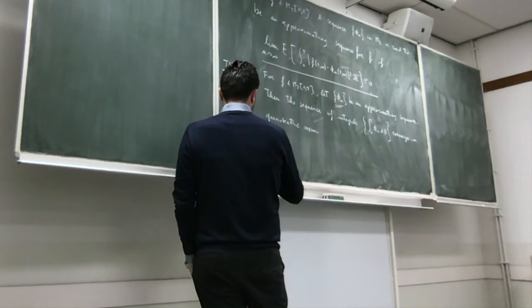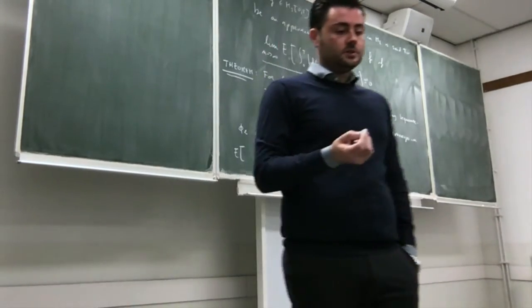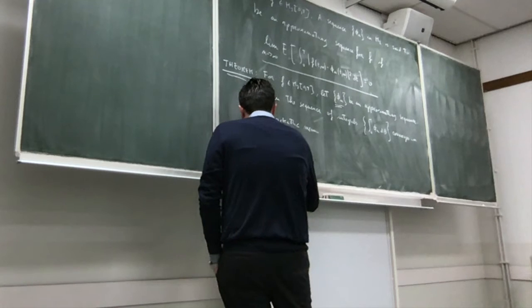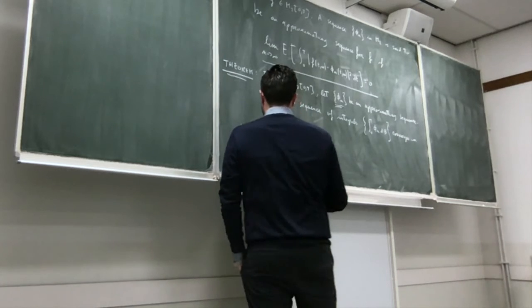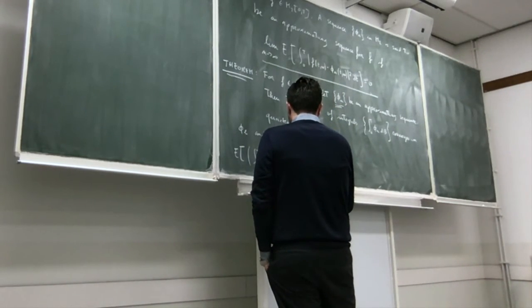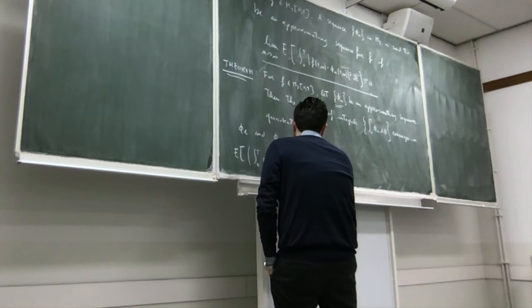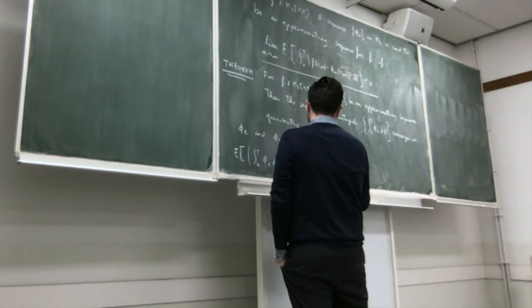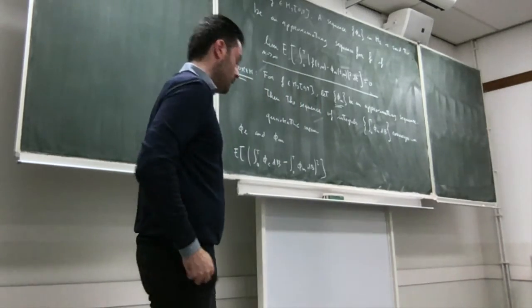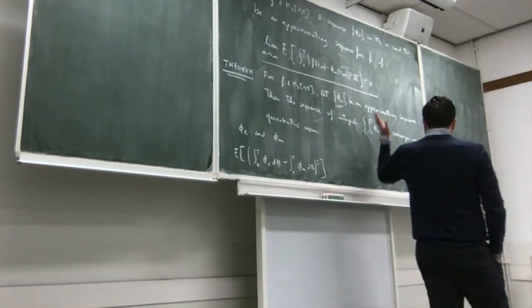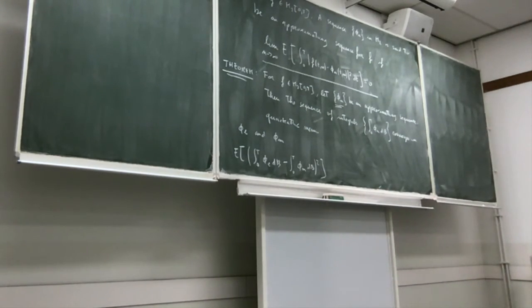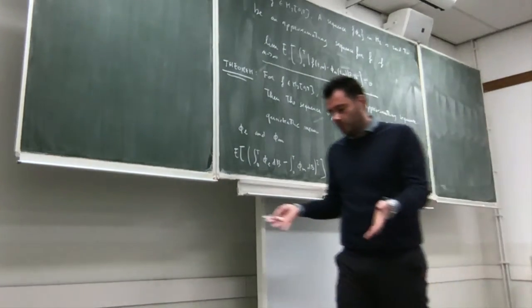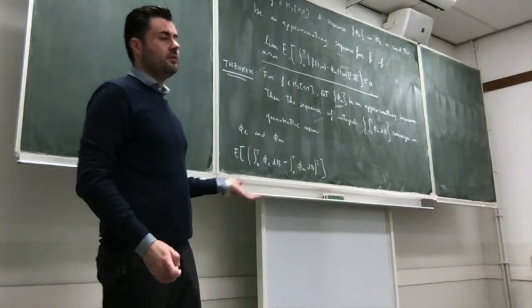I take the expectation of the integral between 0 and t of phi L dB minus the integral 0 and t of phi m dB. Why? Because at the end of the day, if I want to prove this theorem, what I can show is that it represents a Cauchy sequence in quadratic mean.